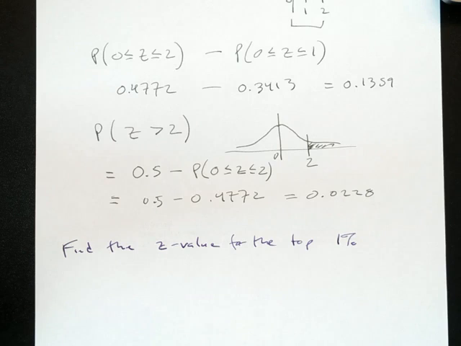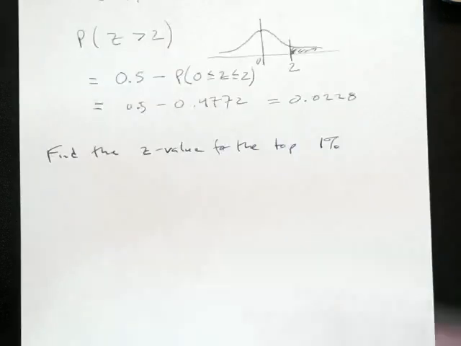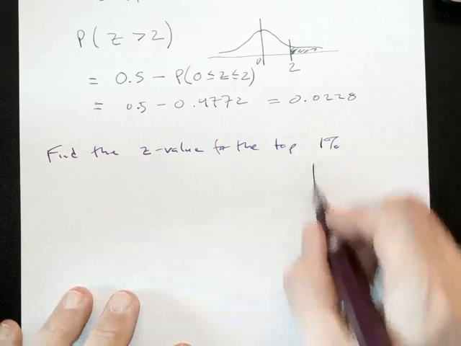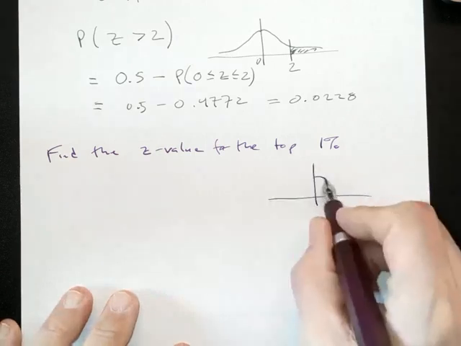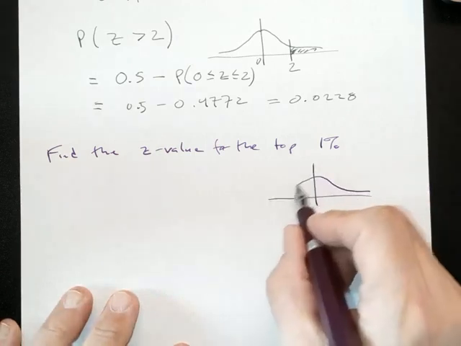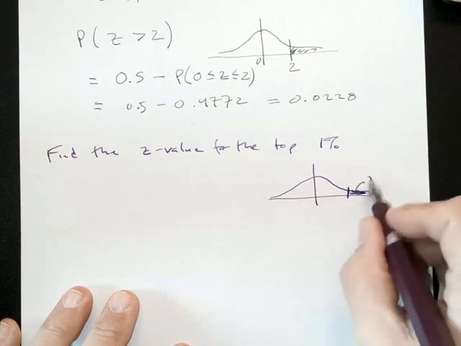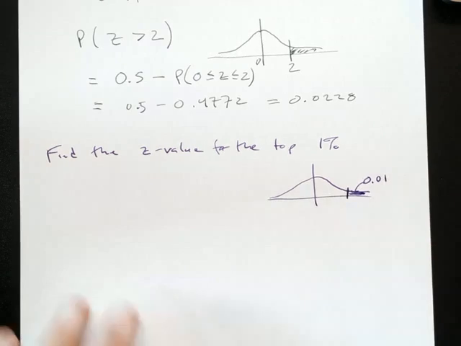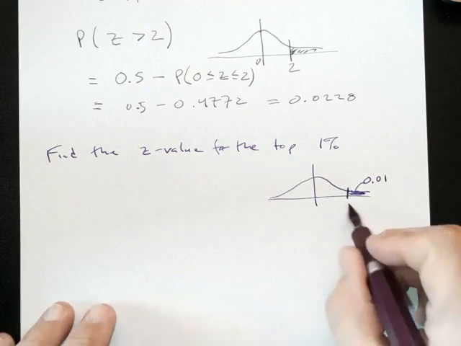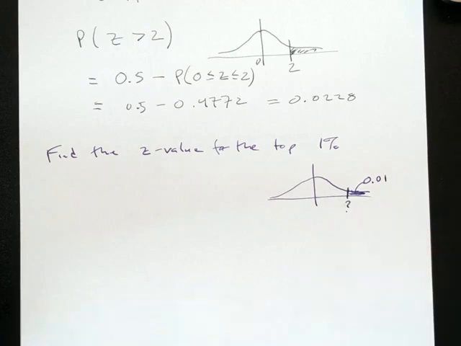I don't know what this is off the top of my picture I want. The picture I want in, so this area is 0, 0, 1. I want to know that value.